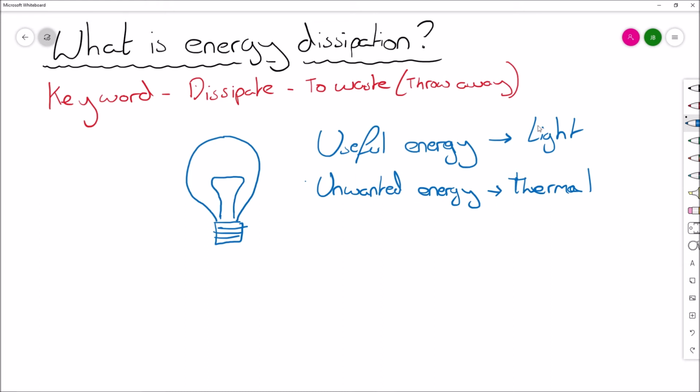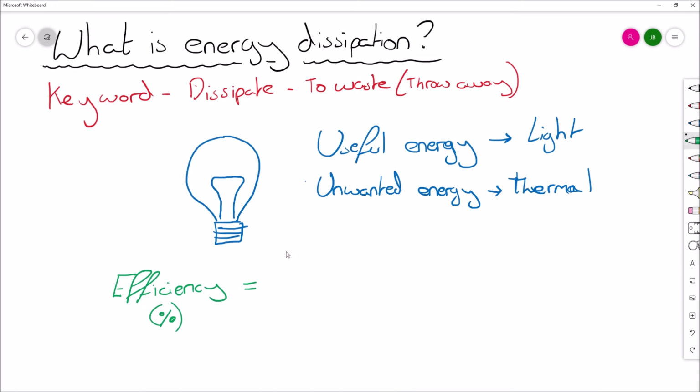Now, in efficiency, we need an equation, and you must make sure you remember this equation. So, efficiency, and this is as a percentage, 100% is the maximum, so that's the most efficient. That's where all energy is useful. Very few appliances are ever 100% efficient, but the closer we get to that number, the better.